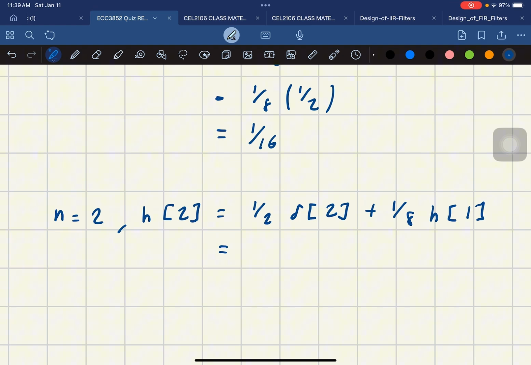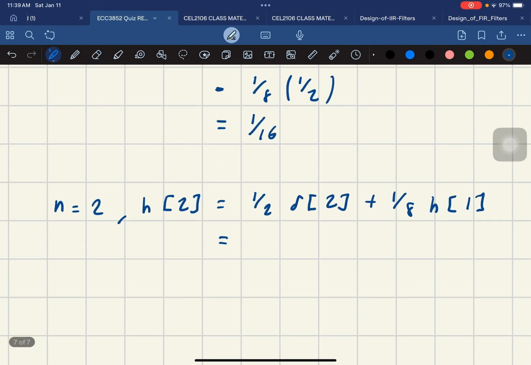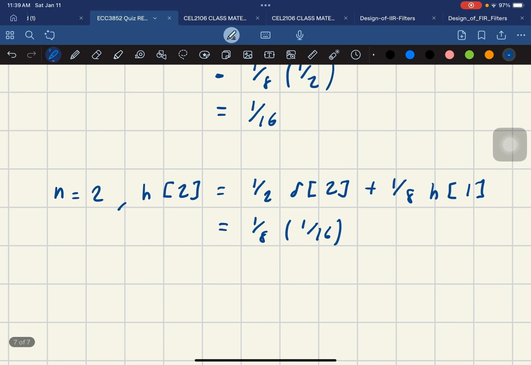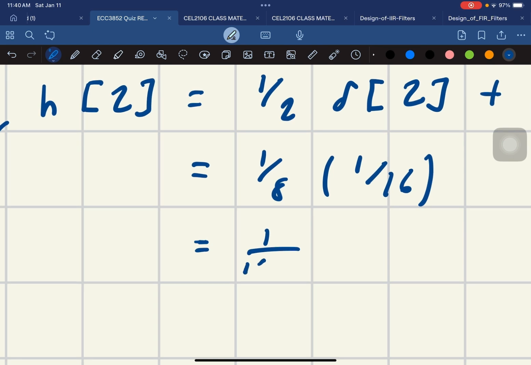As before, the delta 2 will be 0, so 1/8 multiplied with 1/16. It will be 1/128.